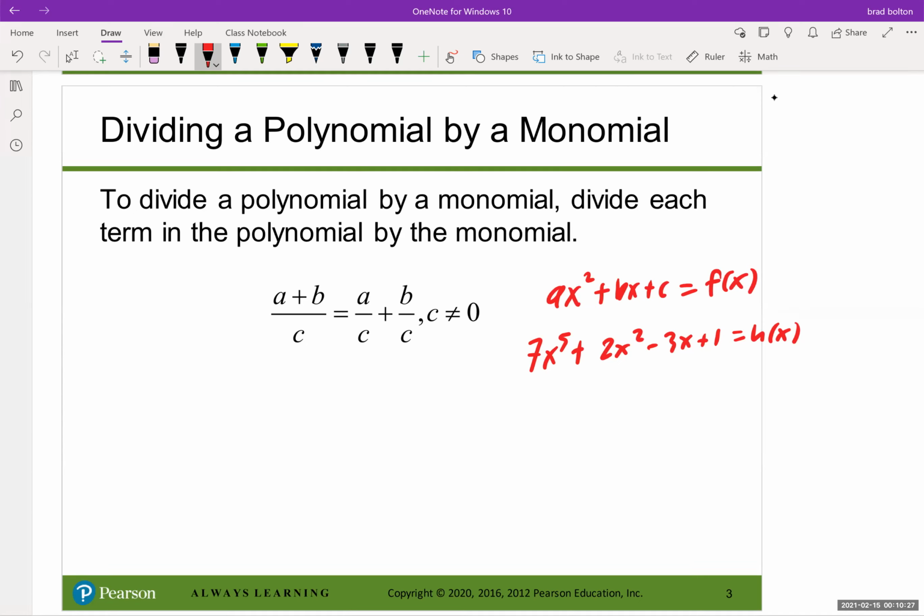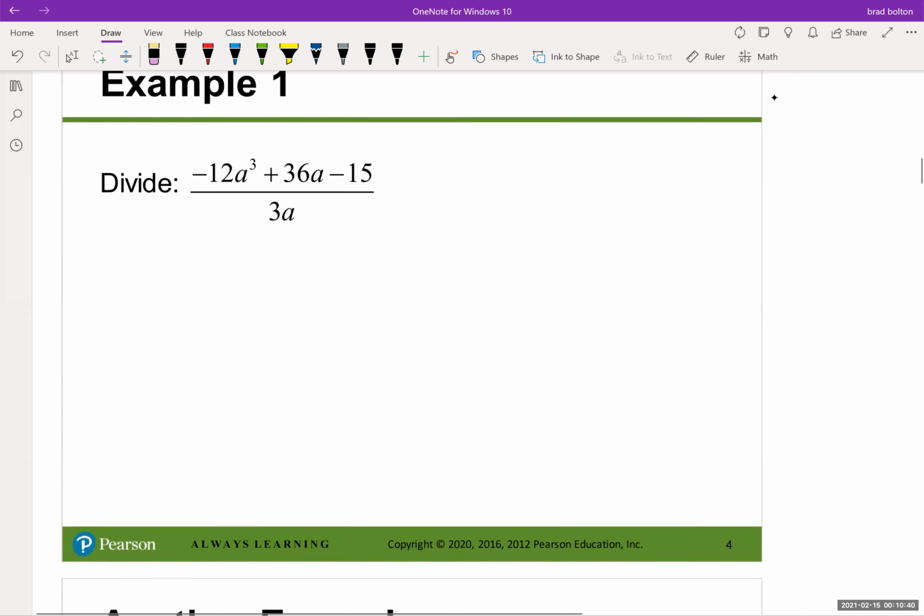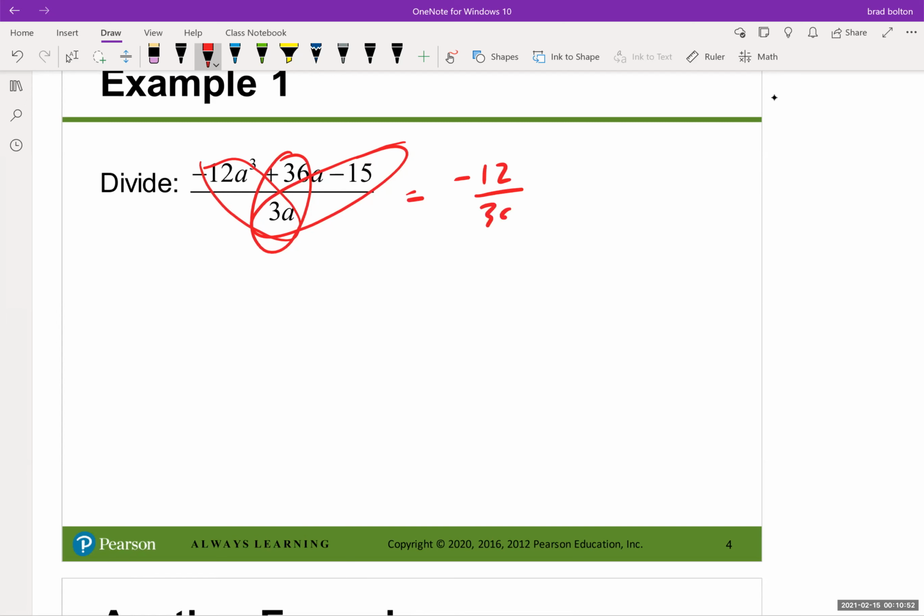So that's all they're saying when they say a polynomial divided by a monomial. This would be some polynomial, and a monomial just means single term. Remember, poly means many terms and monomial means single term. The way I like to do dividing by monomials is I divide each piece as 3 separate problems, okay? So I'm going to end up with negative 12a cubed over 3a plus 36a over 3a minus 15 over 3a.